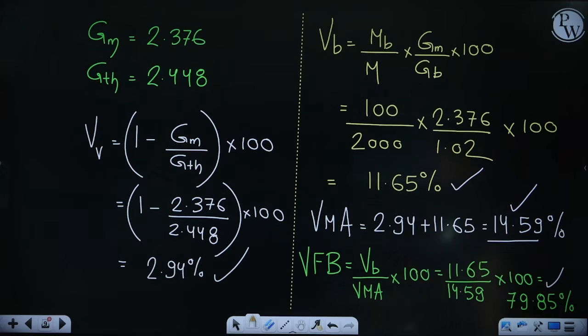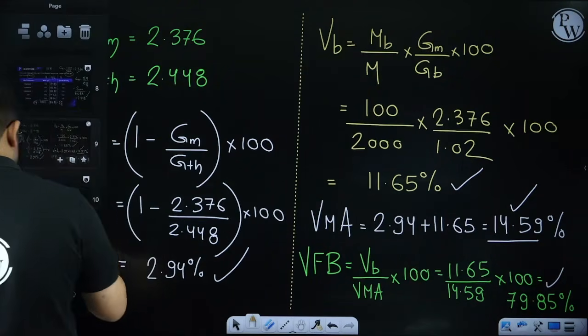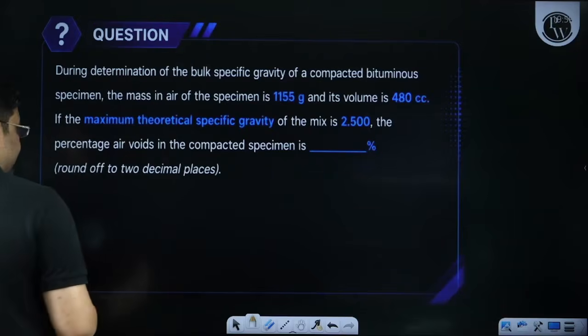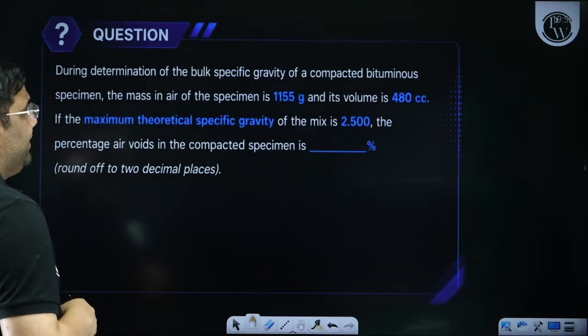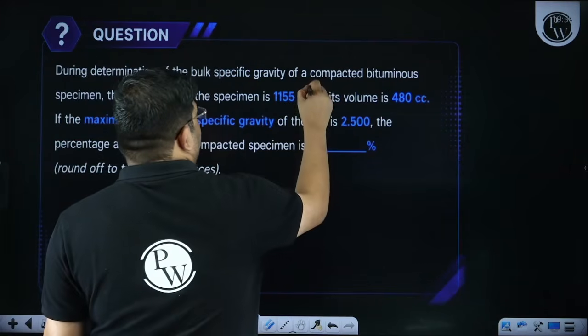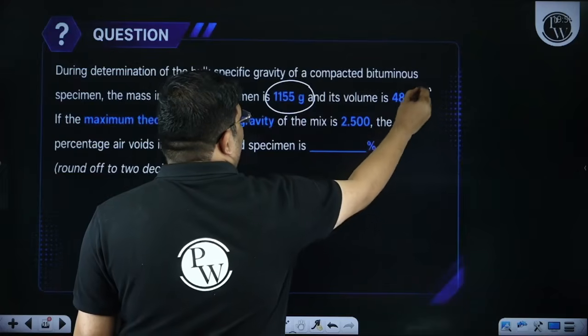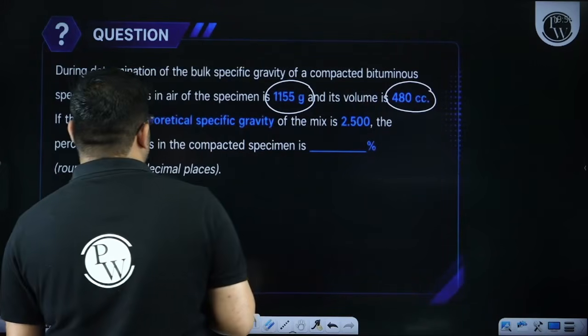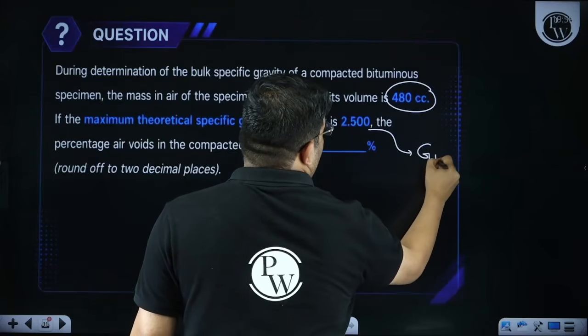Now one question is homework for you. The homework question is this one. During the determination of bulk specific gravity of a mix specimen or sample, the mass of the sample is given, and the volume of the specimen is given. The maximum theoretical specific gravity, Gth, is also given.